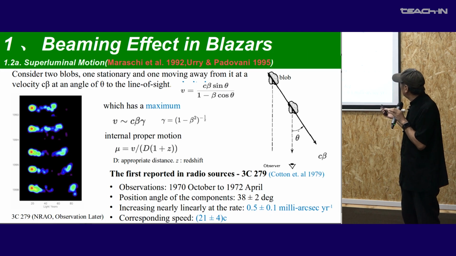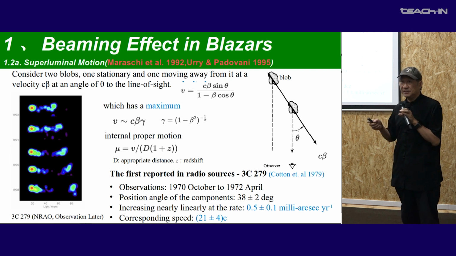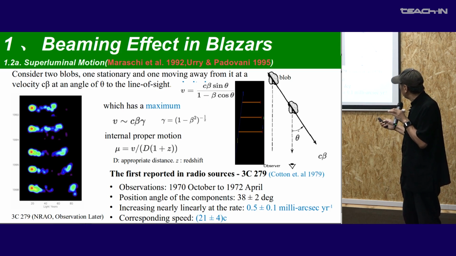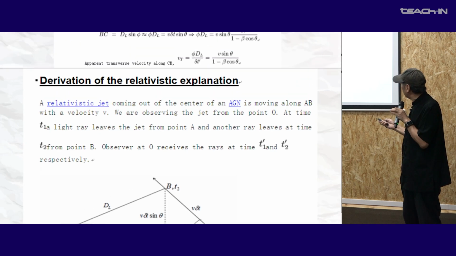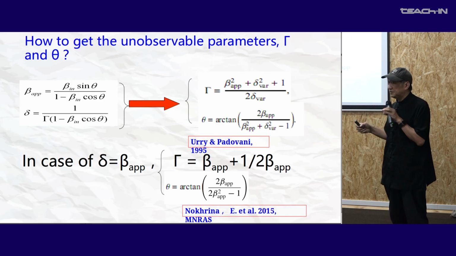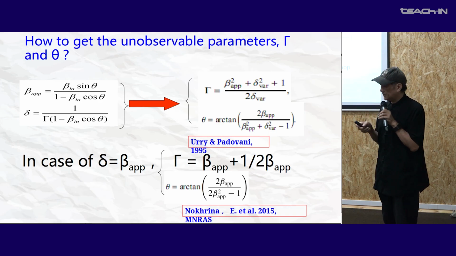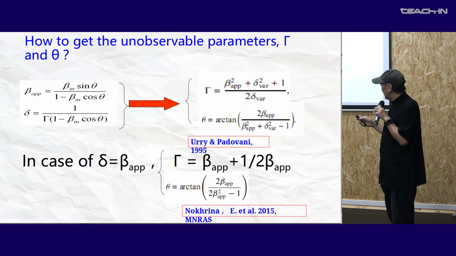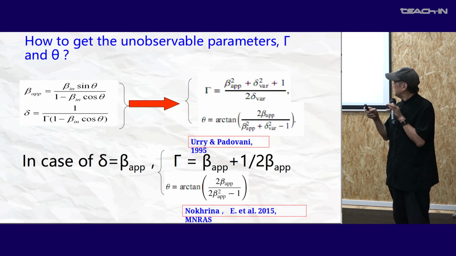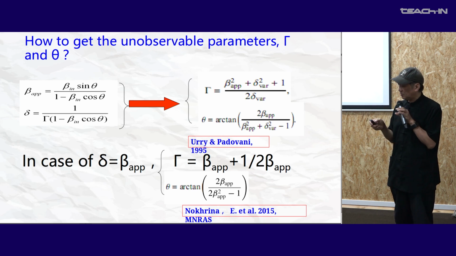This is for the superluminal motion; Elena talked about this, so I'll just skip it. But I want to say that even though the Doppler factor cannot be observed directly, if we have some method, we can get the Doppler factor.